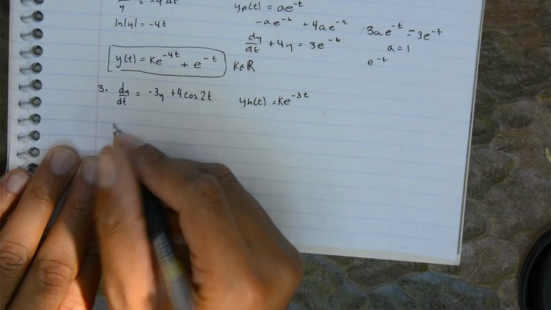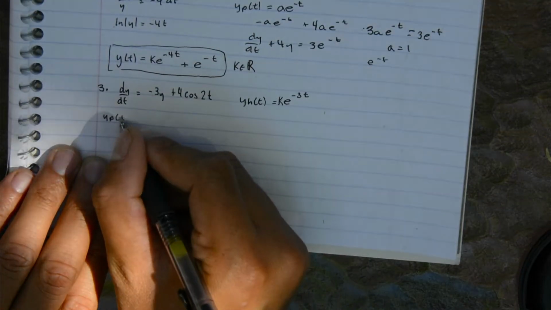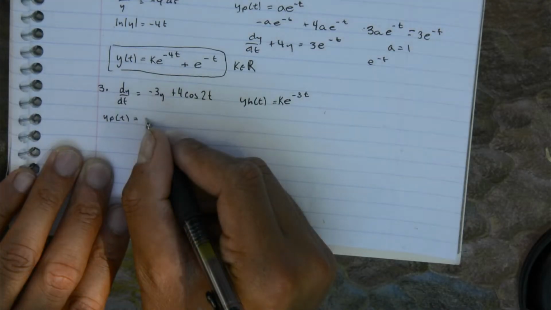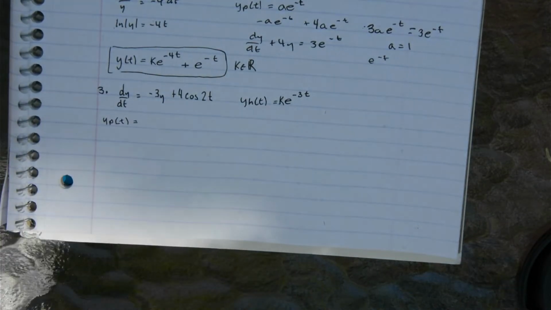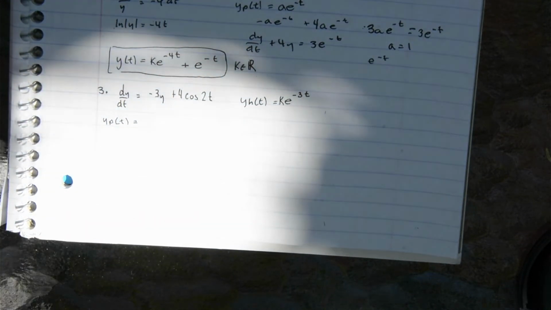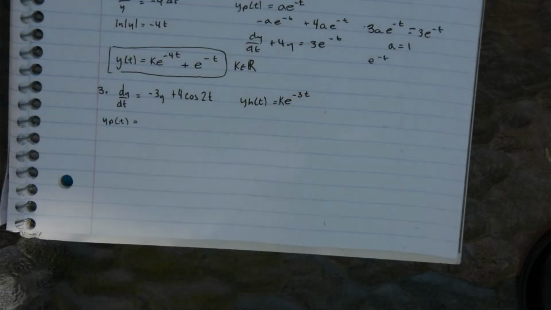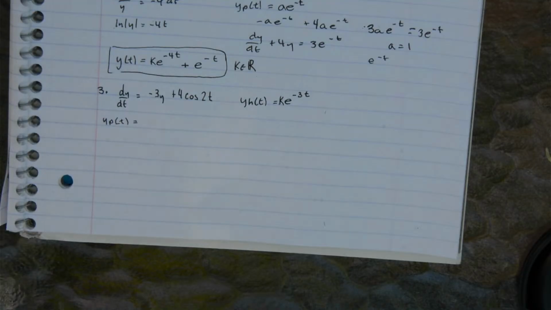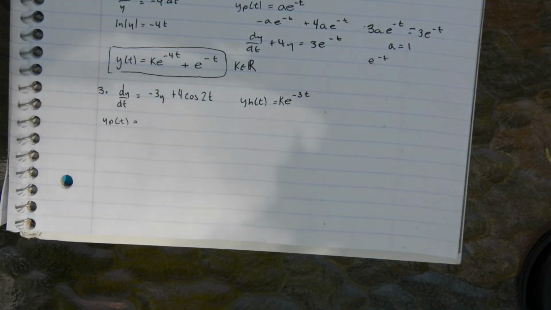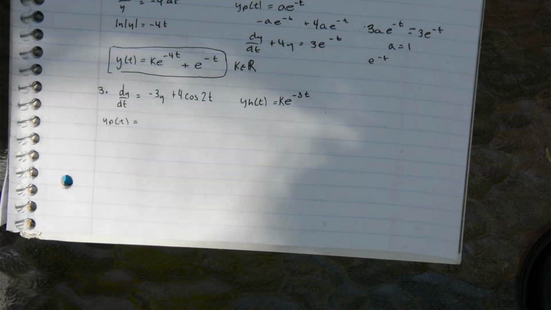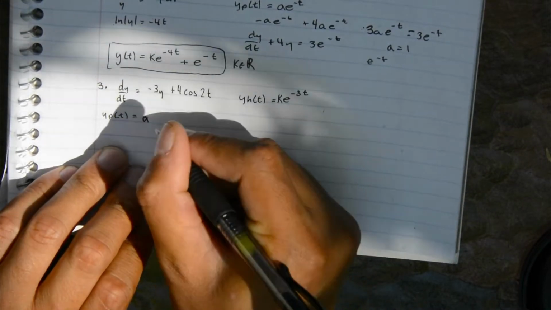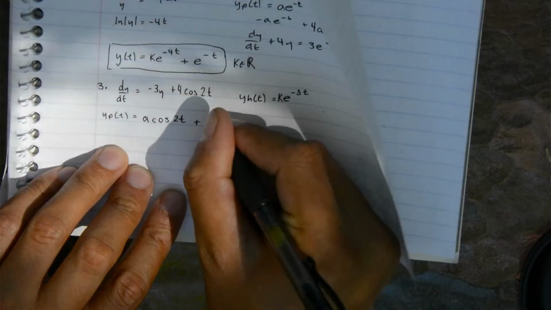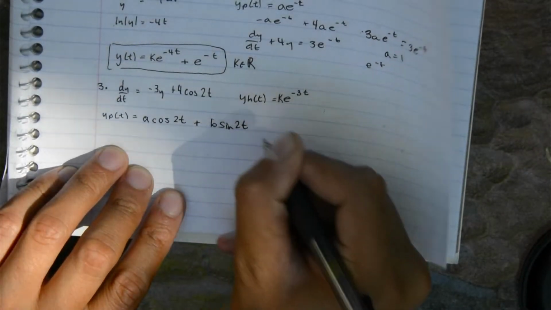So then we guess that yp of t is equal to, hold on, what did they guess? They guessed a cos 2t plus b sine 2t.